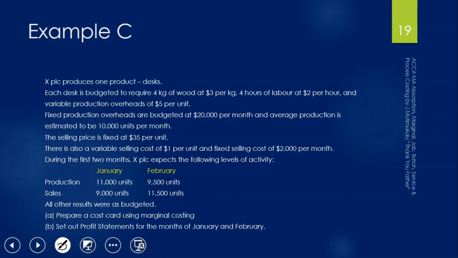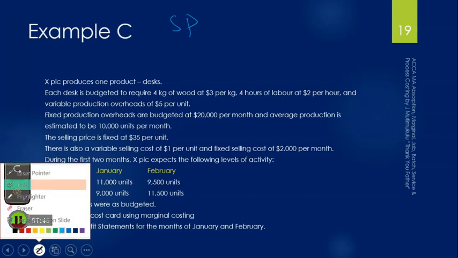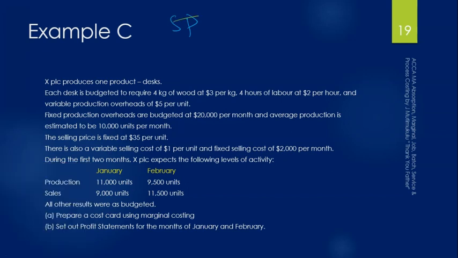As I have indicated, in marginal costing, only variable costs are charged as cost of sales. So in the equation which I've indicated, let me try to use this pen: selling price minus variable cost is equal to contribution.